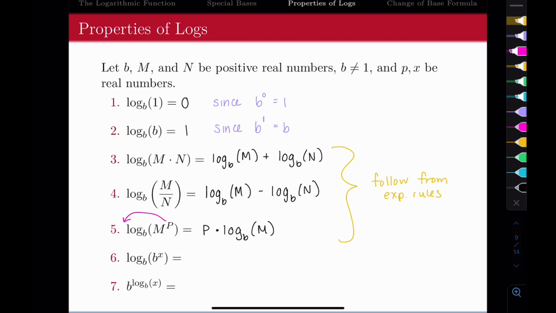So if I have log base b of b to the x, all of this is going to cancel out, and it leaves us with x. And then same thing here, if I have b raised to the log base b of x, they're going to cancel and give us x. There is one slight stipulation here because you have log base b of x. This only works when x is a positive number.